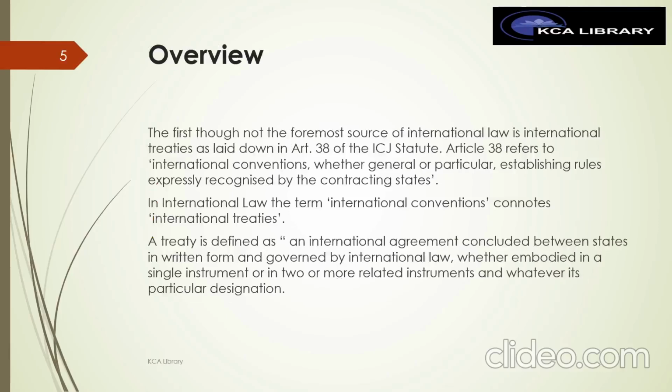So the foremost source of international law is international treaties, as laid down in Article 38 of the International Court of Justice Statute. Article 38 refers to international conventions, whether general or particular, establishing rules expressly recognized by the contesting states.